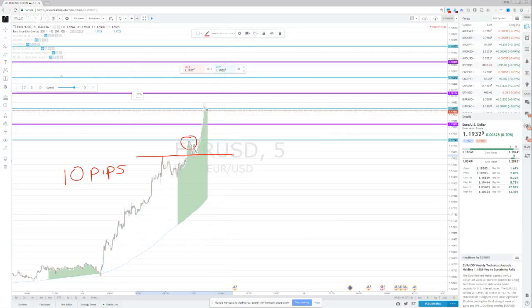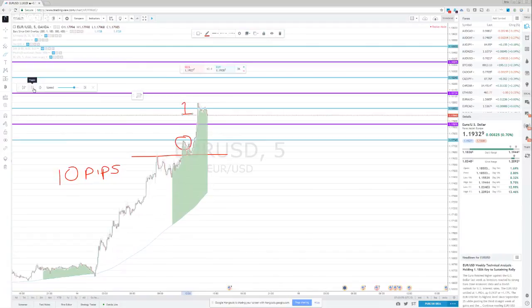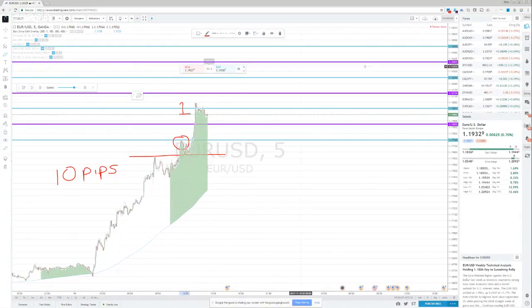Okay, that's only like 3 pips, so it's not much. So if I enter my first position here, okay, let's play. I get 10 pips. Oh, stop. Not yet.